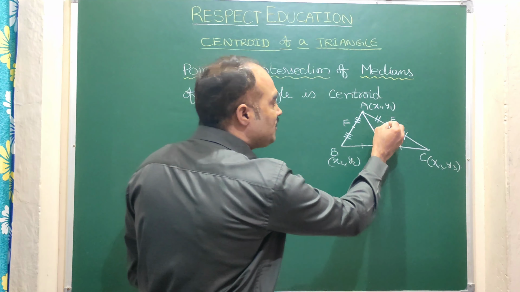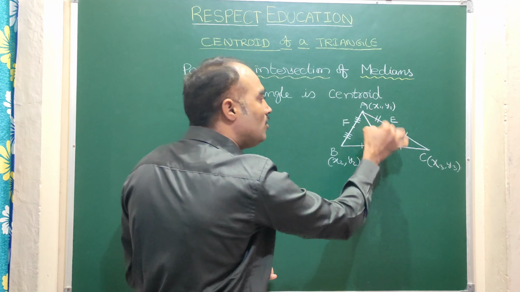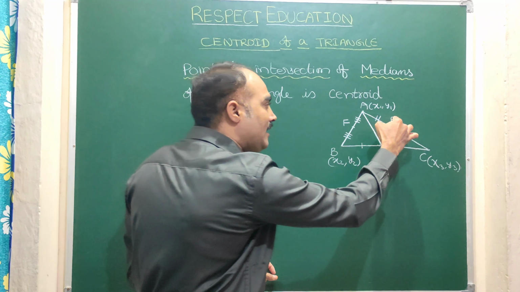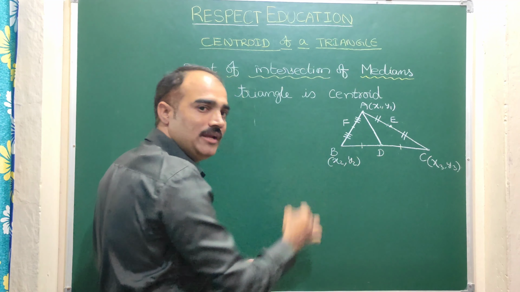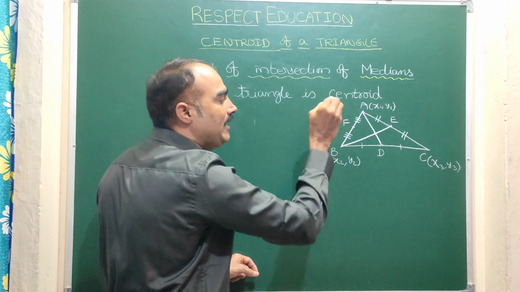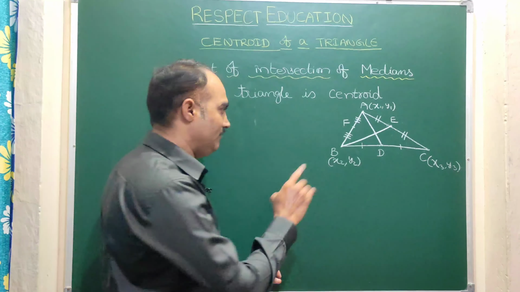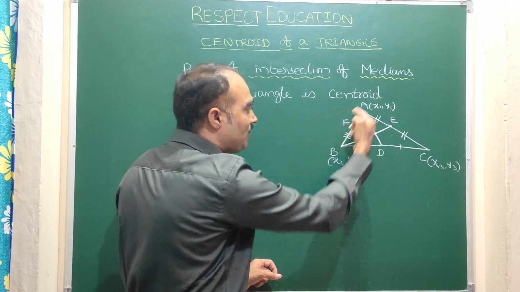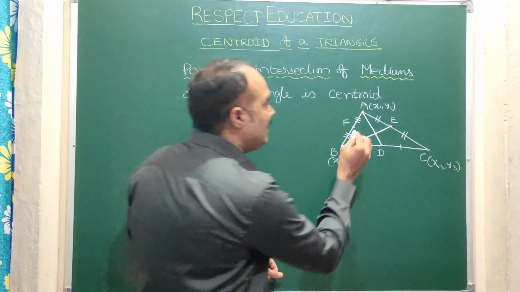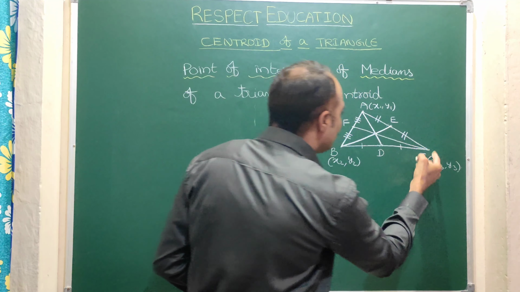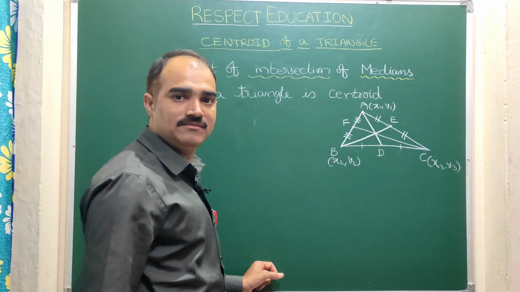Same way, if you stand at E, I have already told you E is the midpoint of AC. If you stand at E, what is the opposite vertex? B. So if you join B and E, this is another median. Same way, if you stand at F, that is nothing but the midpoint of A and B, then the line joining F to its opposite vertex, that is C. So CF is called another median.